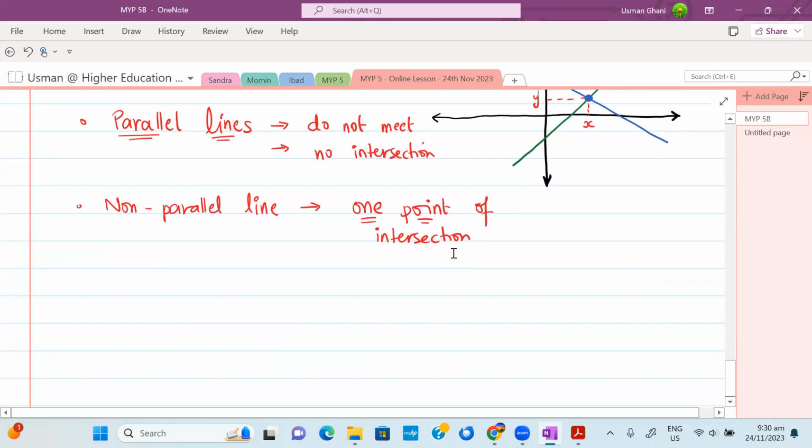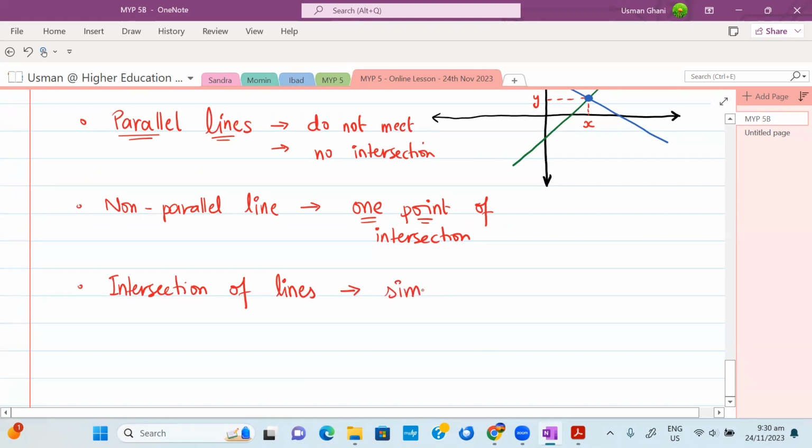Intersection of straight lines is basically simultaneous equations. So you should know that.